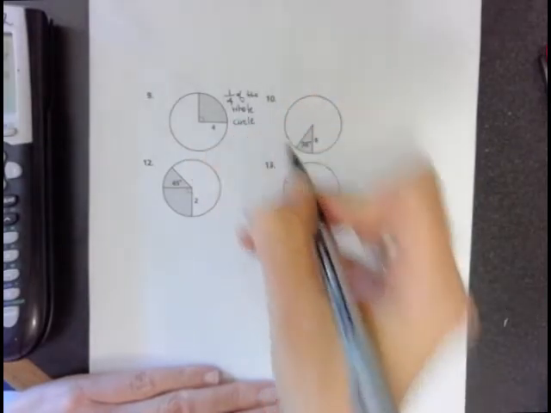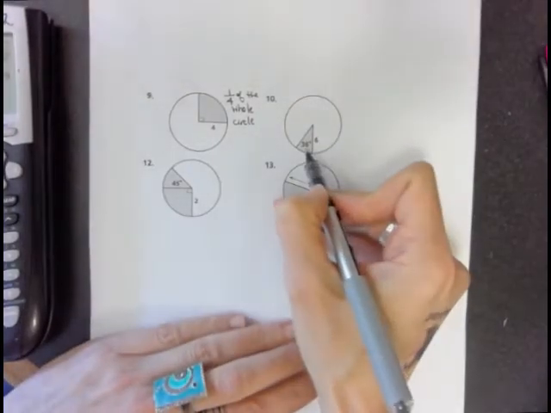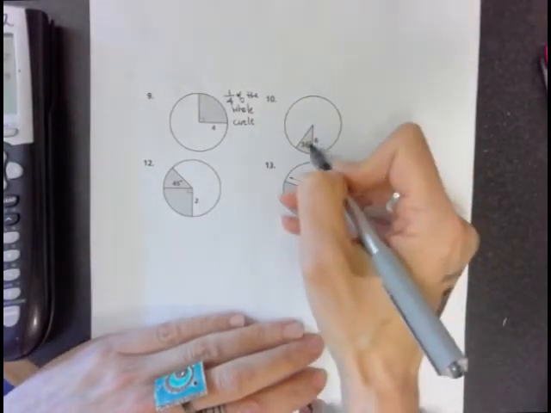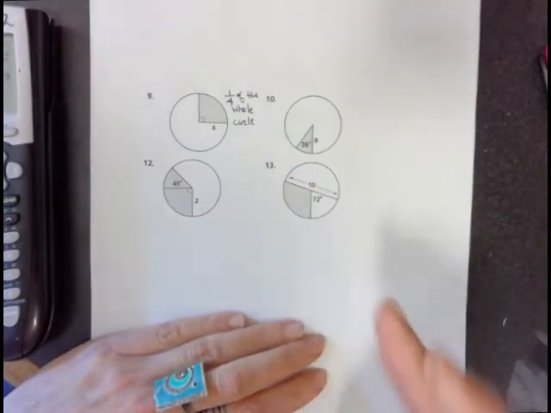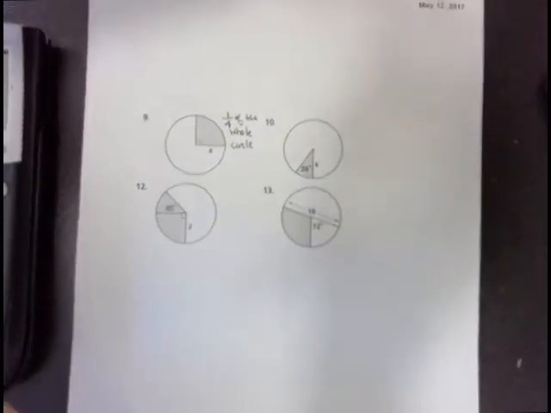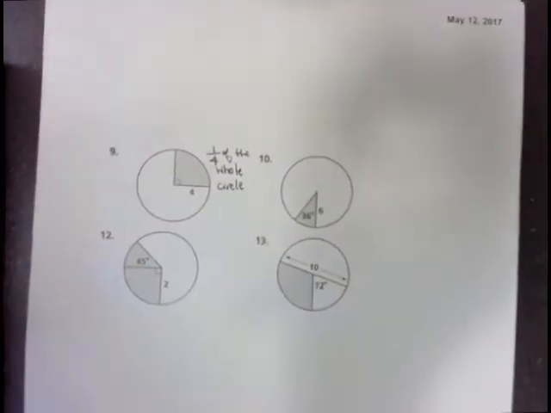So I'm going to pick something that's a little harder. Let's see. This guy is 36 degrees. Now this 36 degrees is the central angle. So I have to say to myself, let me get a little closer so you can see this a little bit better. Okay.